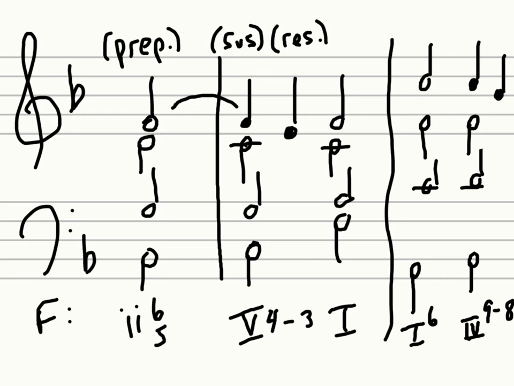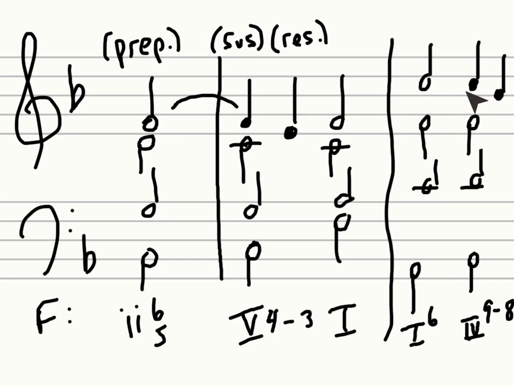Now let's look at the example on the right. Here, the 1/6 going to a 4 in the key of F. The 4 is a B flat chord, and we have a rearticulated suspension.